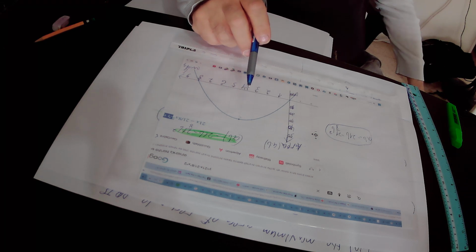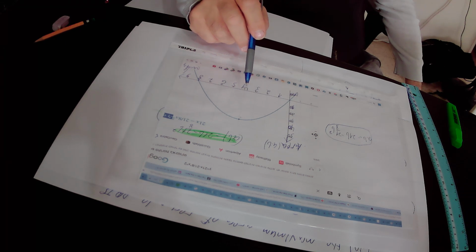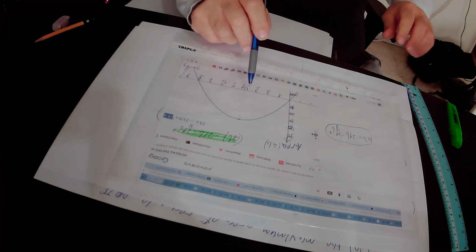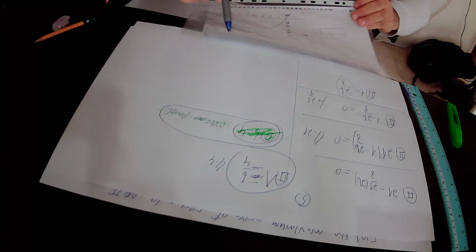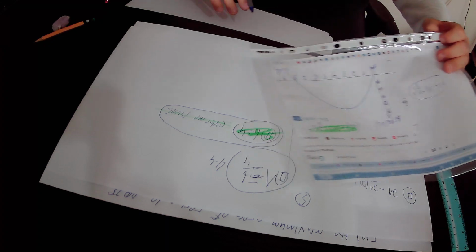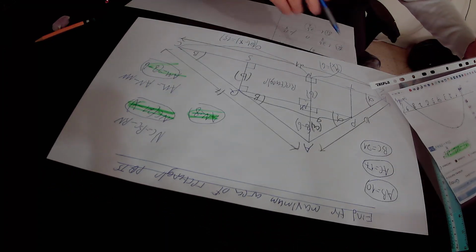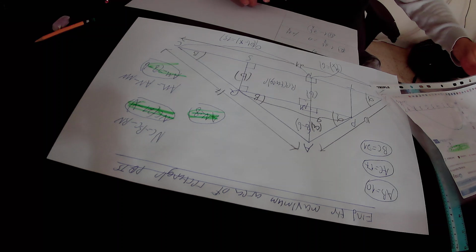Now we find out what is the exact value of this rectangle PQST when b equals 4.